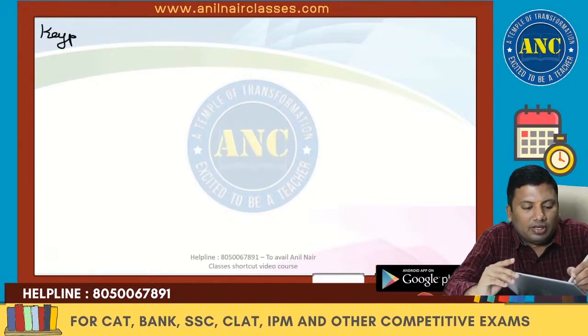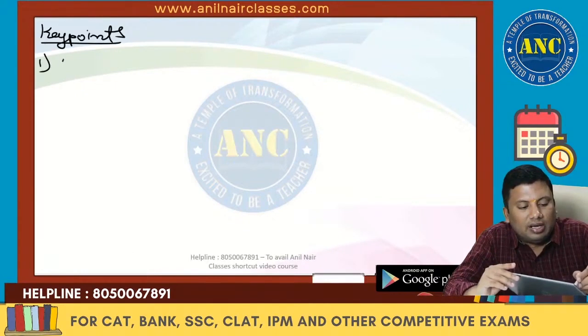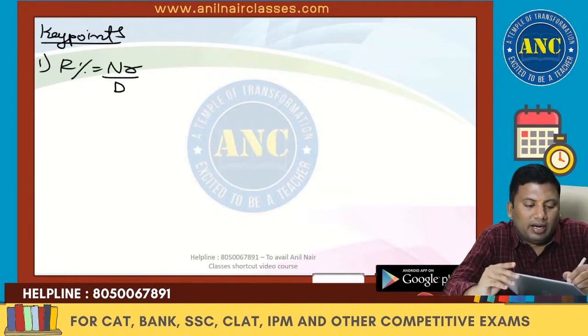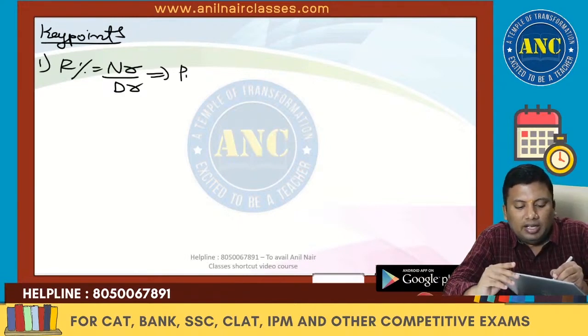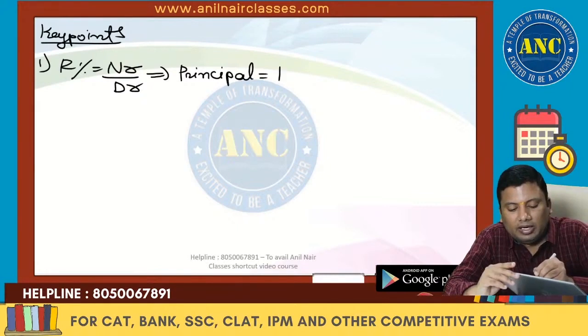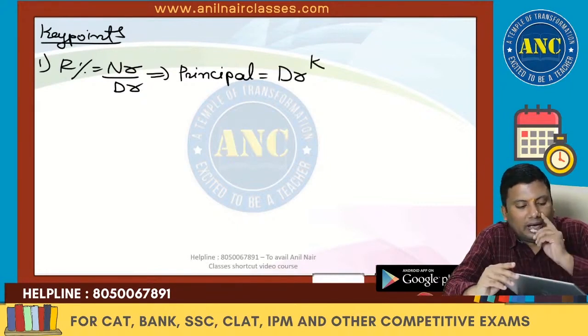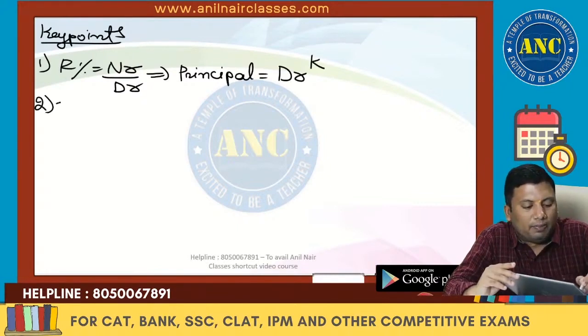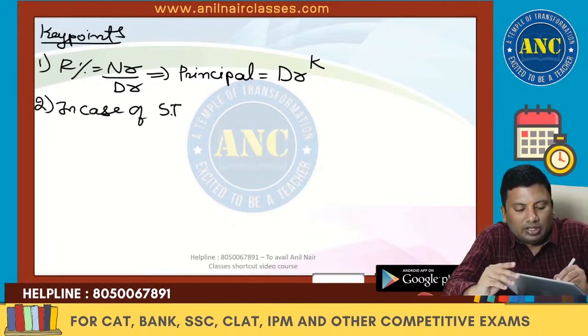First we will write important key points. First key point: if R percentage is numerator by denominator, principal is nothing but denominator power k.